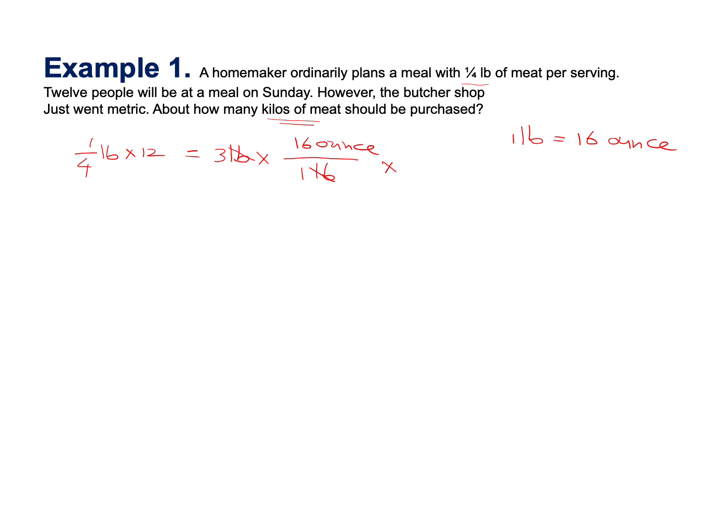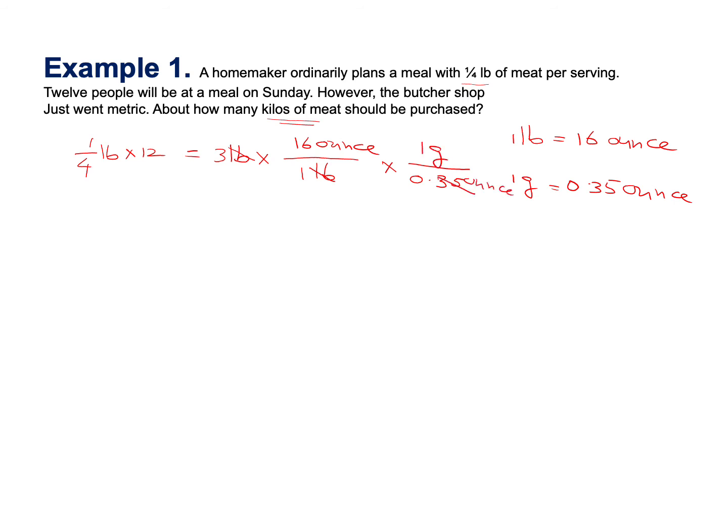kilo. So the second conversion is 1 gram is equal to 0.35 ounce. So you can write this as 0.35 ounce per 1 gram.